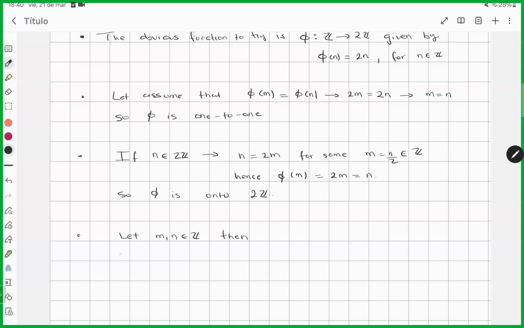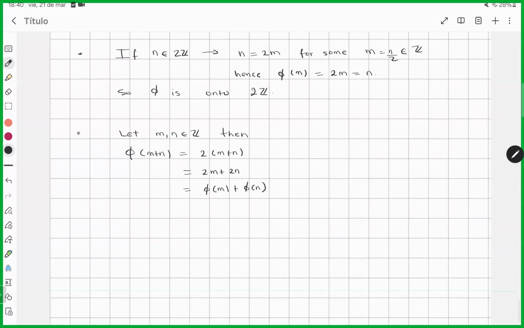So then we have phi of m plus n by definition is equal to 2 times m plus n, and this is by properties 2 times m plus 2 times n, and by definition this is phi of m plus phi of n. So phi is indeed an isomorphism.